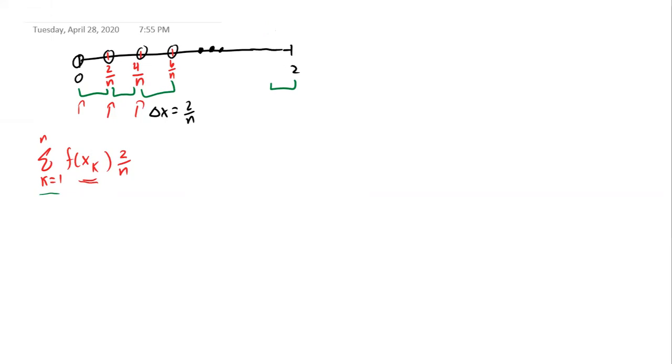Now, how do we know what is the last subinterval division before 2, before the endpoint? So let's say I want to know what this is here. Let's call that z. Well, just as you can start at the left endpoint and add change in x each time, you can also start on the right endpoint and subtract change in x each time until you get to the left endpoint. Meaning that z here should be just 2 minus change in x.